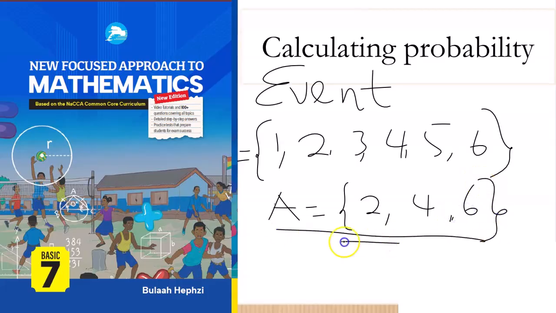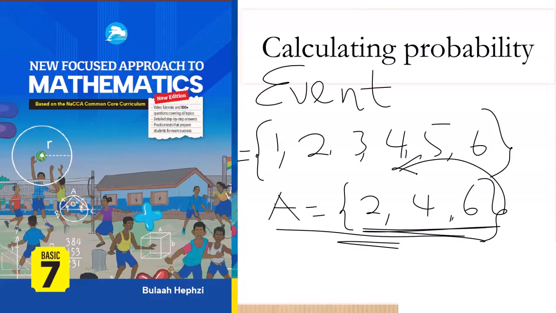Now, this will be called an event because we are concentrating on the fact that if we throw the die, we are going to get 2 or 4 or 6, the chance of getting an even number. So this even number becomes the event, which is a subset of the sample space. So an event simply means a subset of the sample space.